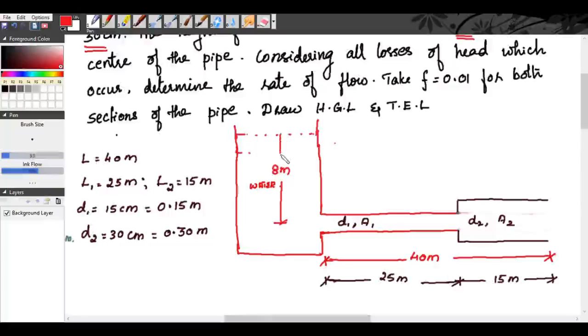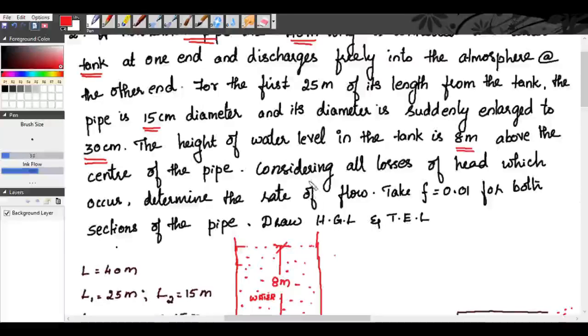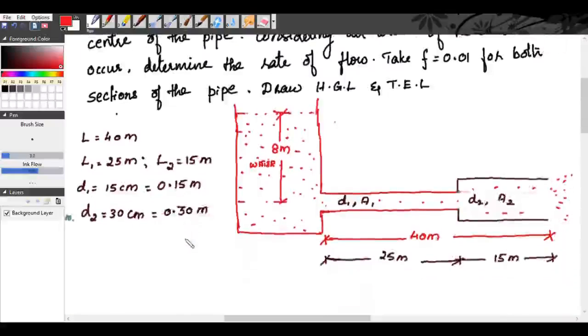This is the free surface of water. Water is flowing out. Now, considering all losses of head which occur, determine the rate of flow. So we need to find what is Q, the rate of flow of the water.